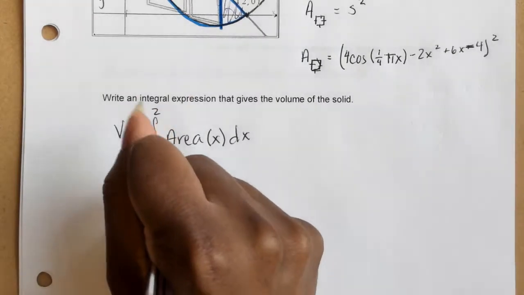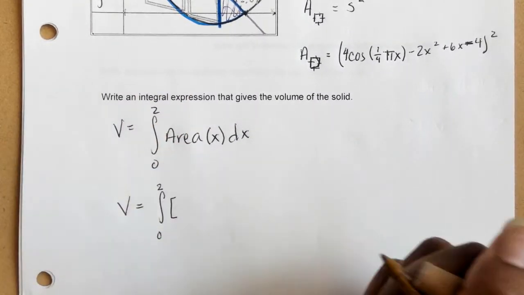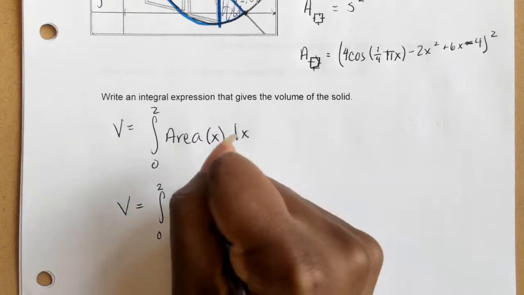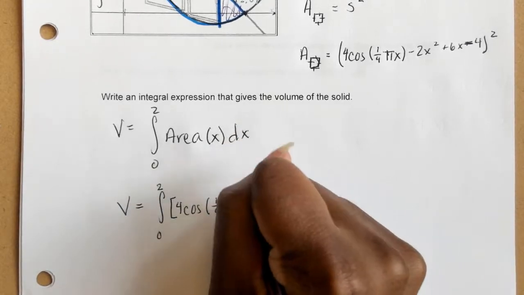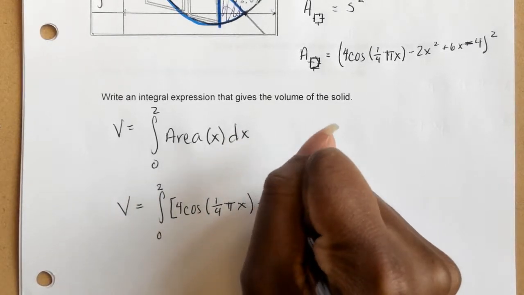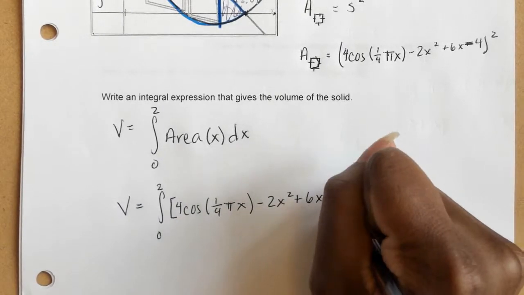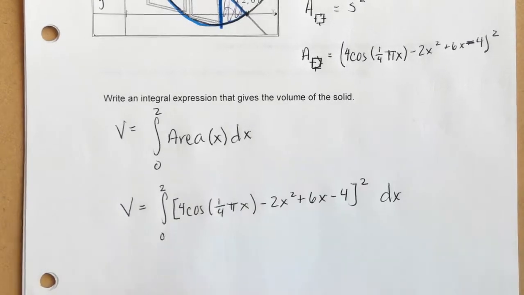So V is going to be equal to the integral from 0 to 2 of 4 cosine 1/4 pi x minus 2x squared plus 6x minus 4, all of that squared, dx.